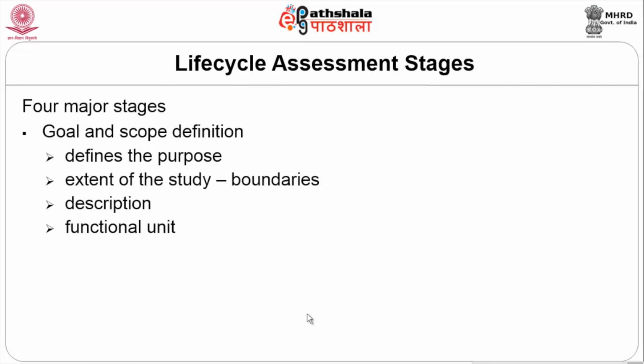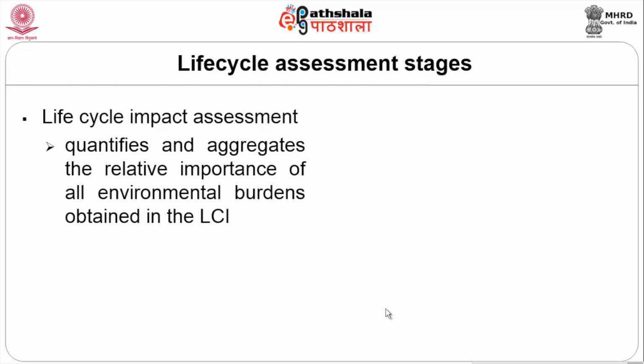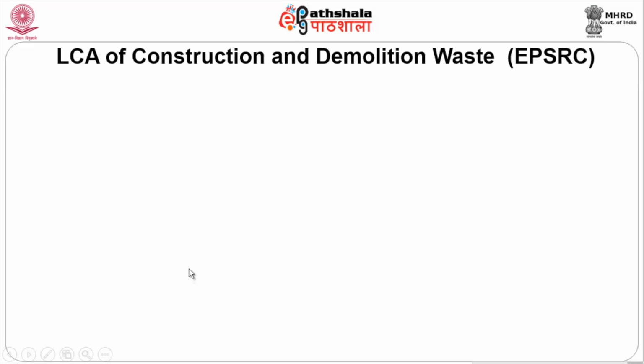So, there are 4 major stages involved: the goal and the scope, the definition of this material's usage, defining the purpose, extending the study and the boundaries, and description of these materials and the functional unit, and also doing the inventory of the life cycle analysis, which includes the detailed compilation of environmental inputs and outputs for every stage of the life cycle, and which results in a long list of resources and emissions in terms of incompatible units, which quantifies and aggregates the relative importance of all environmental burdens obtained during the life cycle analysis, or life cycle impact assessment, which is interpreted in terms of the results.